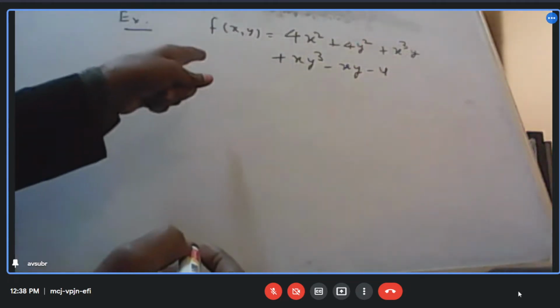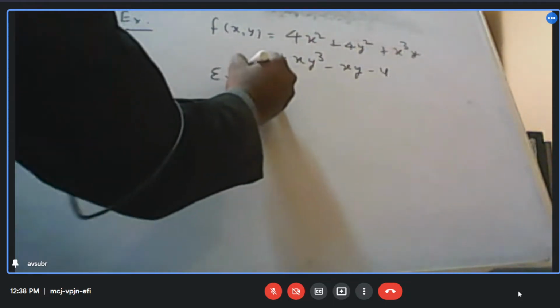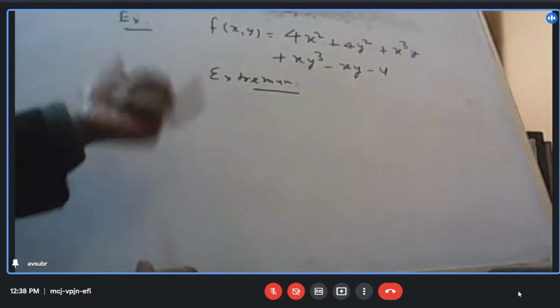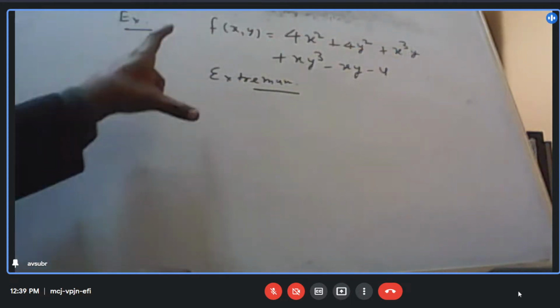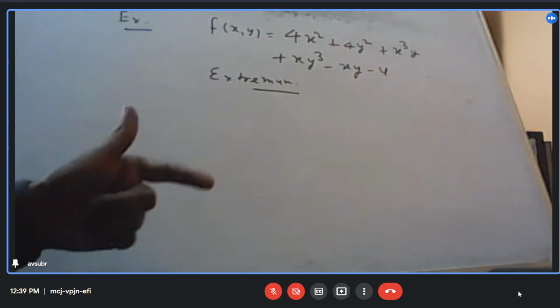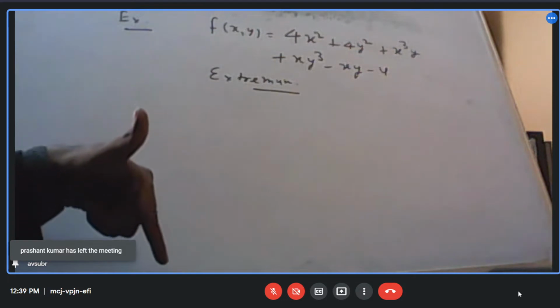So this is the function. It has been given to us. We have to find extremum. Extremum means we don't know whether it is maximum or minimum, but we have to find out those points where the functional value will be maximum or minimum.